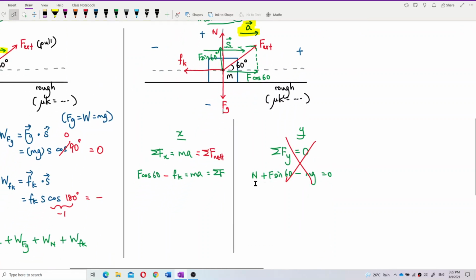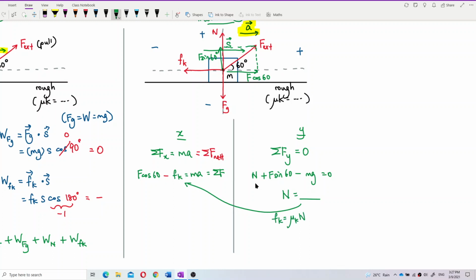But we need to find the normal force also. We need the normal force later on to substitute and find the friction, because the friction is mu times N, isn't it?